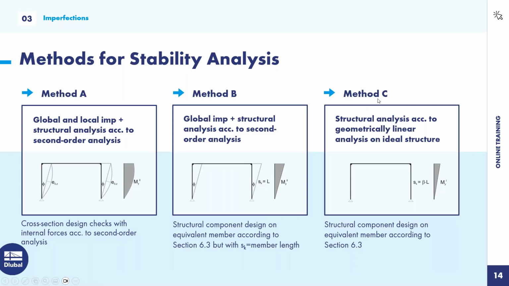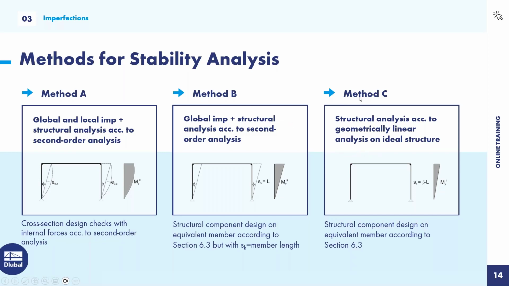And then method C is a structure analysis according to geometrical linear analysis on the ideal structure. Now you consider the effects of the second order theory by using the real buckling lengths. Also mentioned here is the structure component design on equivalent member according to section 6.3. So in the next example, we will first start with method C and then use method B.